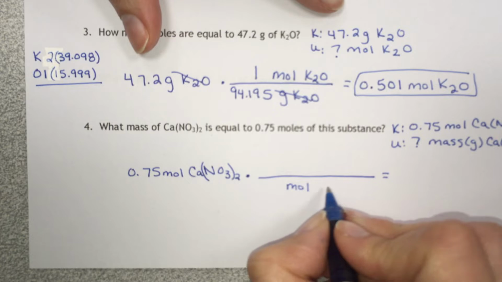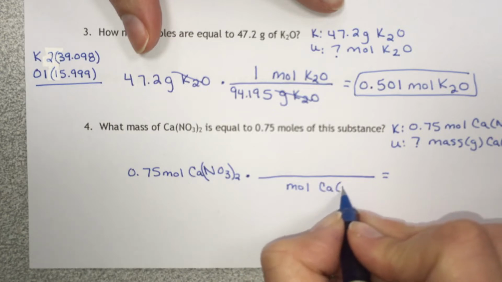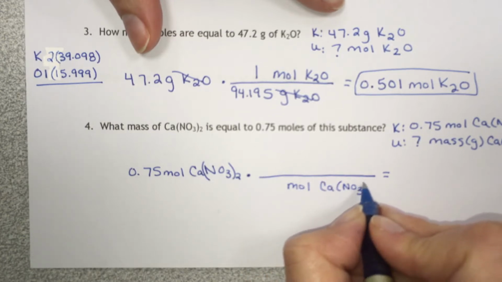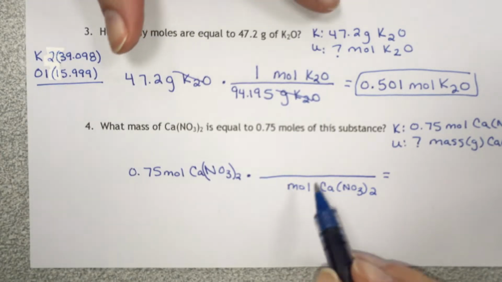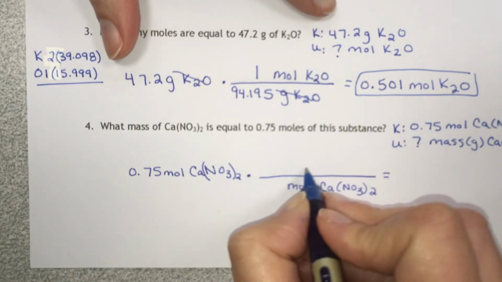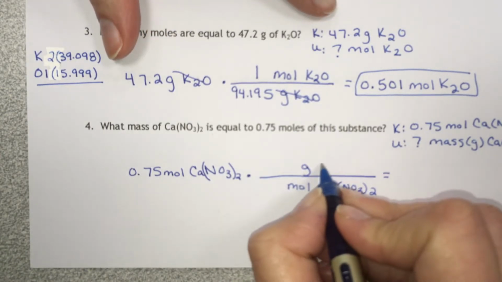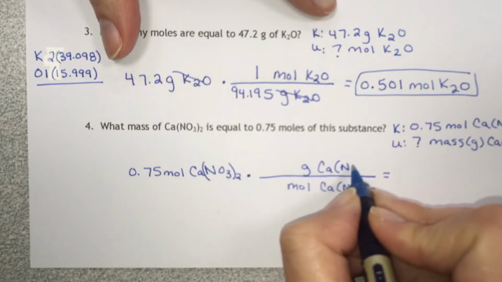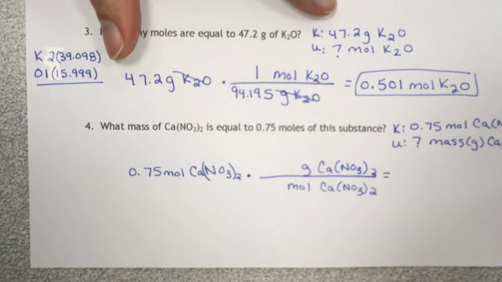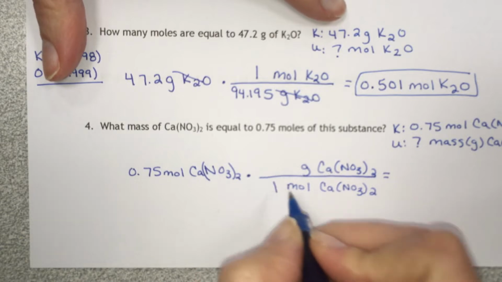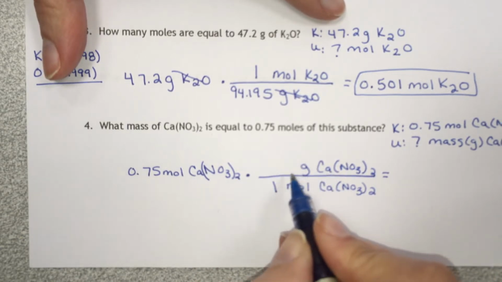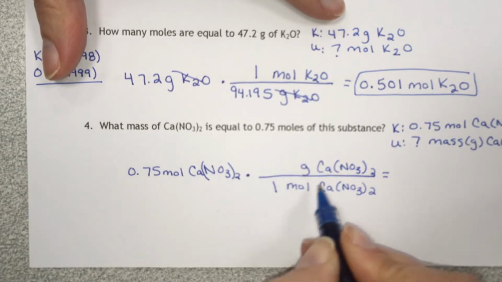So mole of Ca(NO3)2, and up here is going to be mass, so we'll have grams of Ca(NO3)2. So all we need to figure out is how many grams for every 1 mole of this stuff.